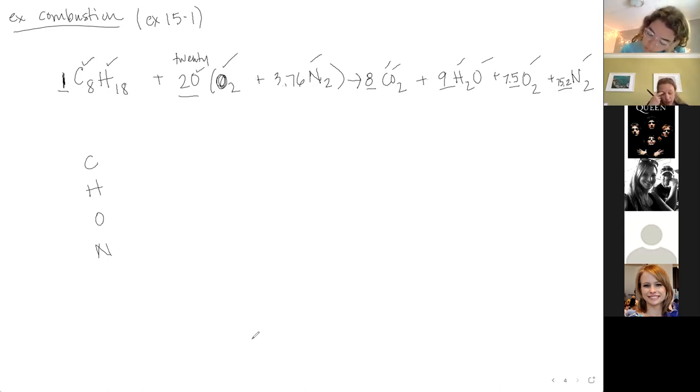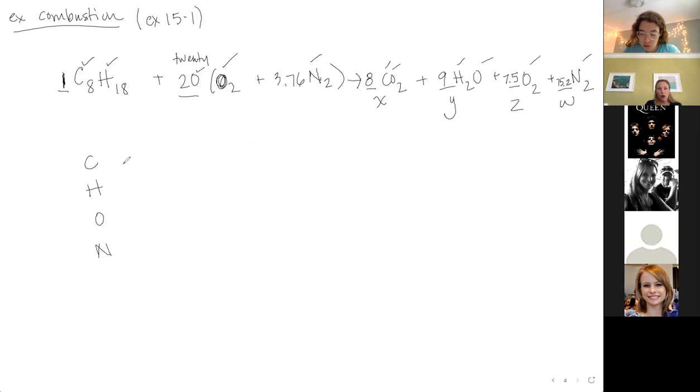When I look at the information that I have, I can break this down a little bit easier for myself. The way that the book does it is they say we have information about these reactants, and I'm trying to figure out information about my products. I'm going to label my carbon dioxide as X, my water as Y, my oxygen as Z, and my nitrogen as W.